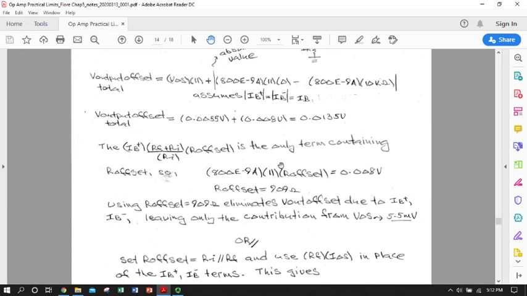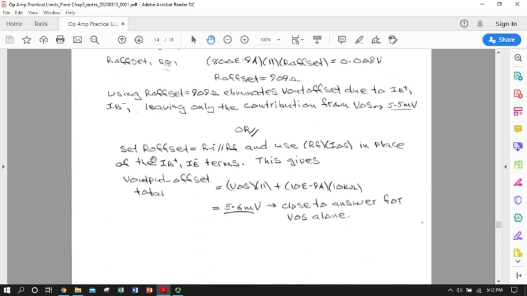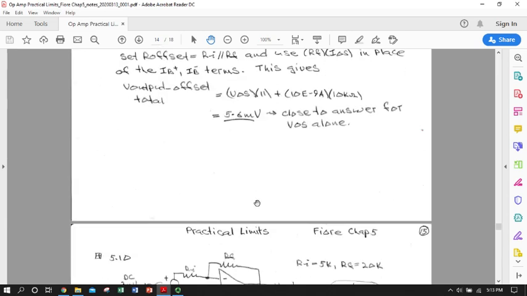So if we were going to select our offset resistor, we'd select a value of 909 ohms, and that would allow us to use our VOS plus IOS times RF, and that would lower our offset output voltage error from 13.5 to 5.6. So that's much reduced. We've cut it in about half by using our offset resistor. So that's a powerful adjustment that we can use for these.